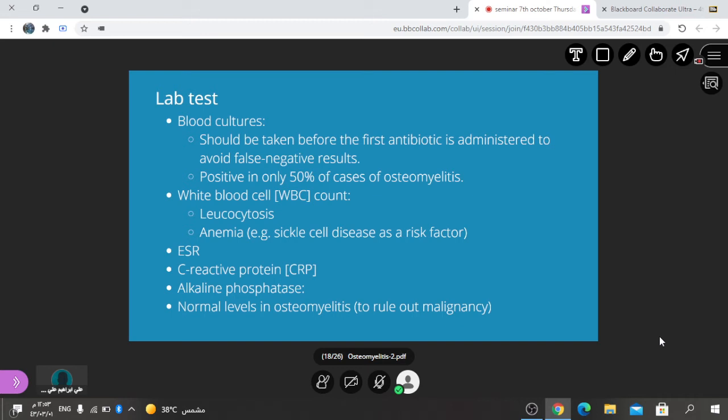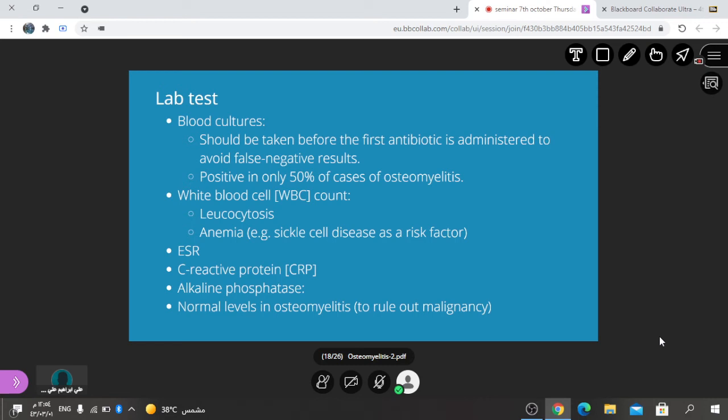Anemia can be seen as a consequence of chronic osteomyelitis, as anemia of chronic inflammatory disease, or it can help us in choosing antibiotics if the patient has sickle cell disease, where we may suspect specific organisms that can cause osteomyelitis in this population.